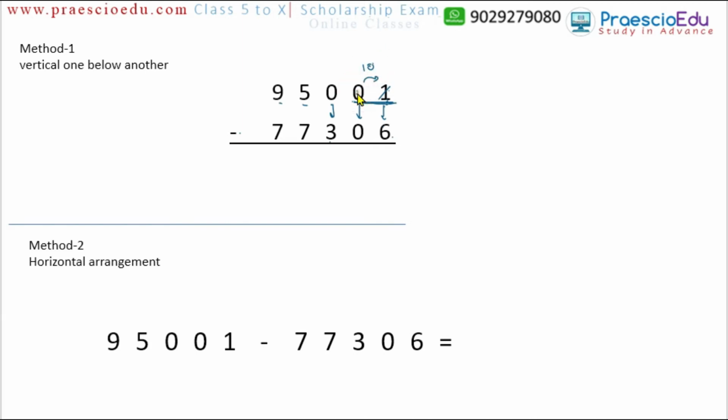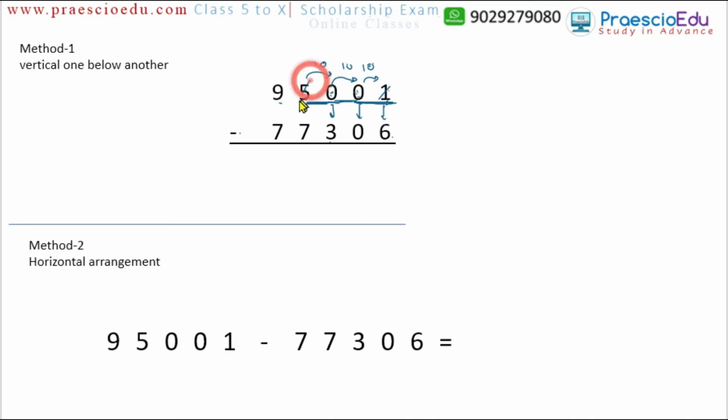So this 0 will borrow the 10 from the next one. While borrowing, this 0 is considered a unit and the next is considered tens. But here also there is 0, so this one cannot give the 10. So for this 10, it has to bring the 10 from here. This should be considered a unit and this should be considered a tens. Only this pair we consider, so from this tens we will borrow the 10 here.